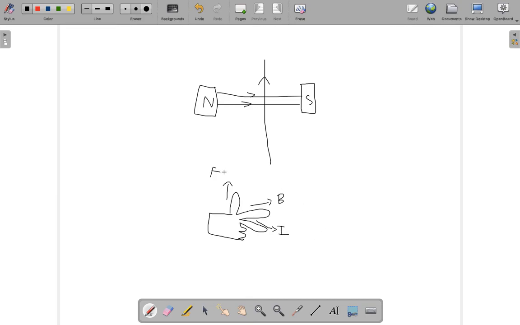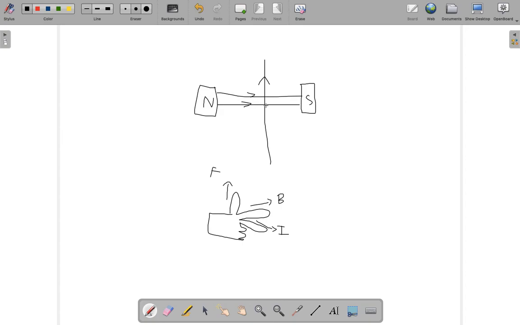So now, if we look at the case we've been given over here, we have the field direction over here. Now if you align your index finger to the field, and then try to move your hand around so that you can align your middle finger to the direction of the current that's going upwards, you'll find out the force is actually into the whiteboard.